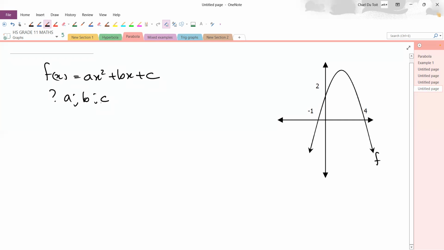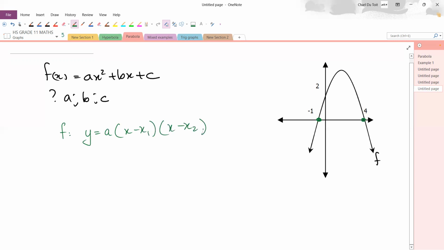Now, very important. Look at this. I'm going to teach you how to do this. In this graph, I got both x-intercepts. You see that? -1 and 4. If I get the x-intercepts, I'm going to use this equation: y equals a(x minus x1)(x minus x2).